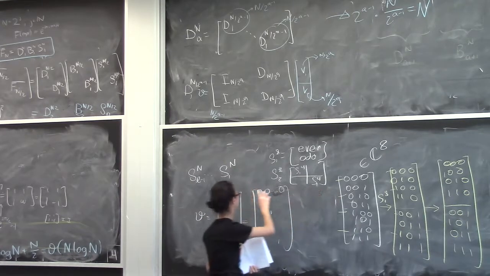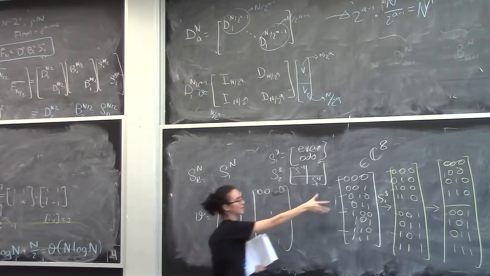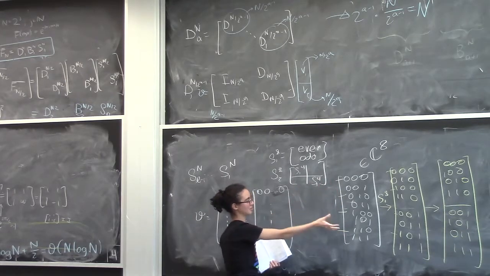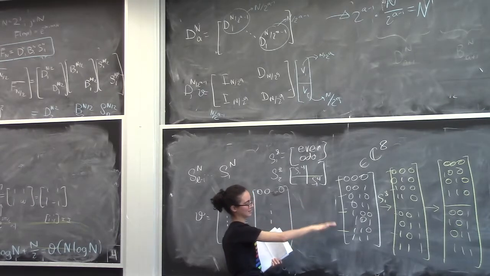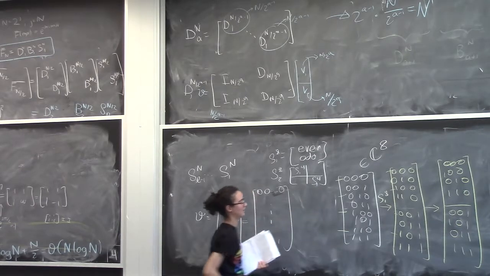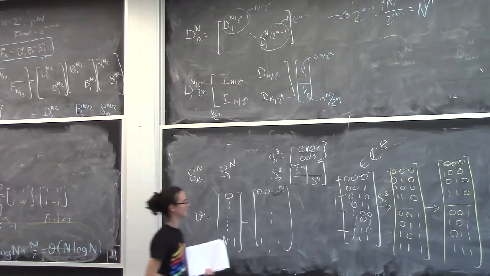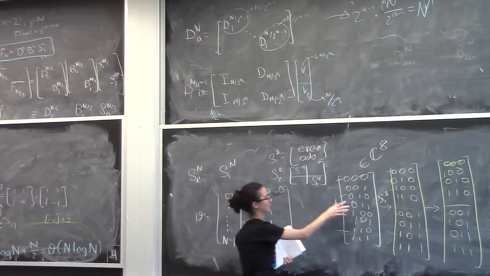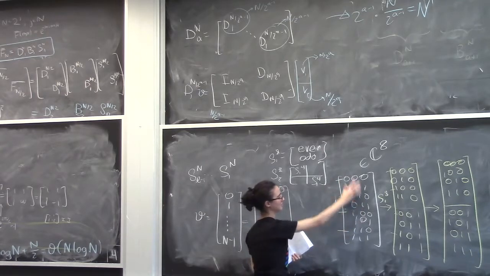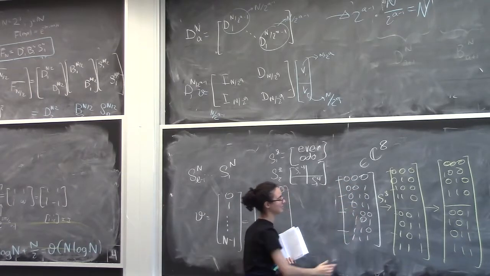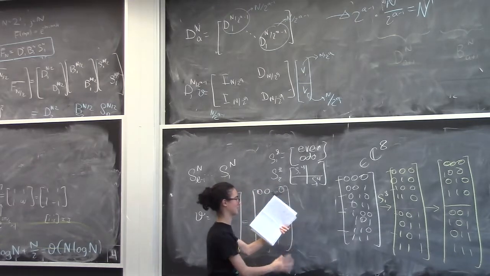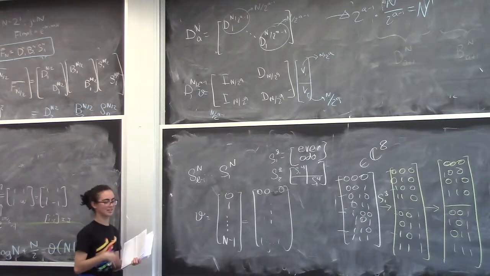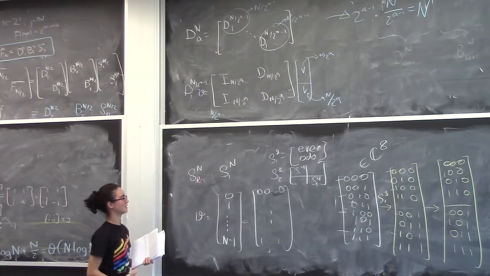First, applying S1n, it just takes all of the even vectors to the first entries, and then the last half of the entries are the vectors that end in 1. So all of the first entries start in 0, and all of the last entries end in 1. And what you did was just shift them, and then applying the last matrices using how they are defined, like the recursive definition.